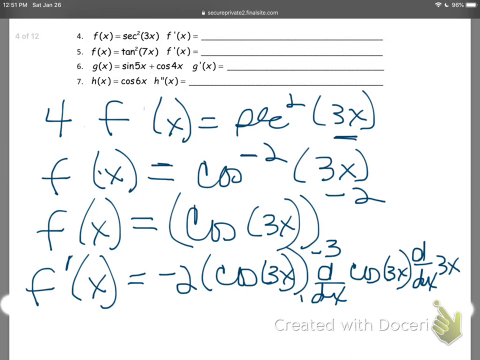Alright, so the derivative of cosine 3x is what? Cosine is the one that has the negative derivative, so it's going to be negative sine 3x. Don't lose your angle. Then the derivative of 3x is just 3. Okay, so let's see if we can move this to the next page and we'll continue cleaning this up.